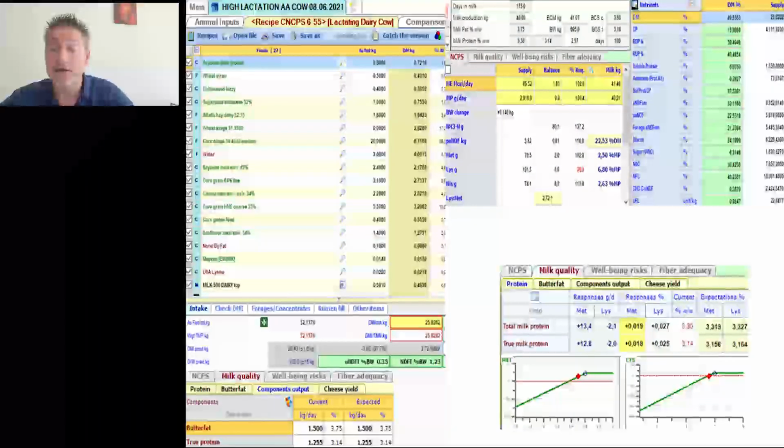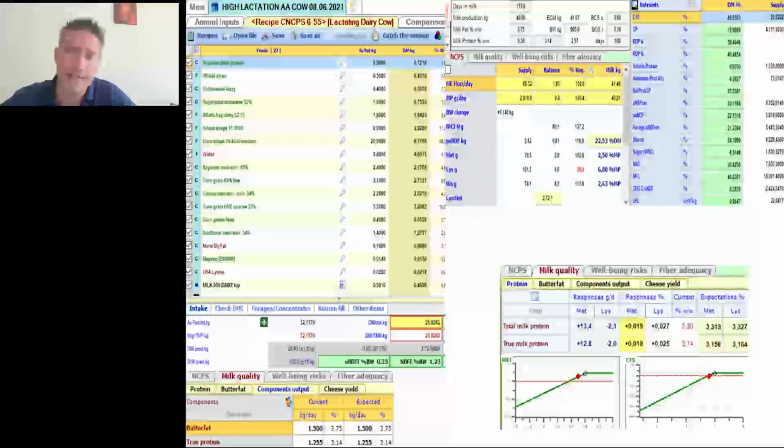The ratio here between lysine and methionine is 2.72.